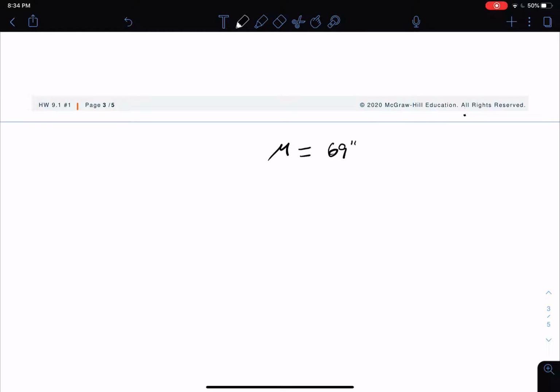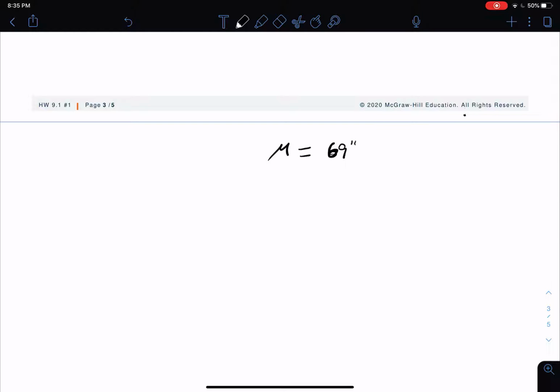And let's say that someone was doing a study and challenged that and said, I think that the mean height of adult males in the United States is greater than 69 inches.